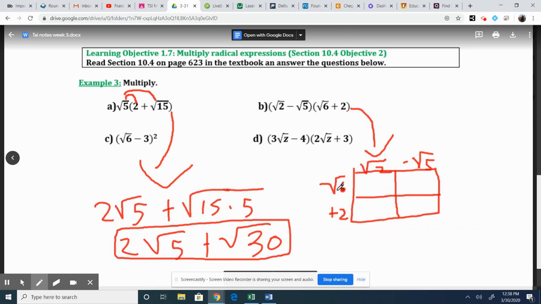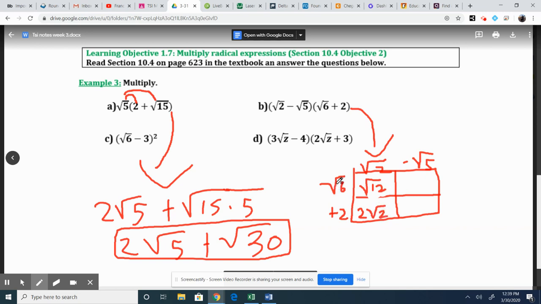So we have square root of 6 times the square root of 2 would give us a square root of 18. Sorry, that would be square root of 12. Then we have 2 times the square root of 2 would be 2 square roots of 2.